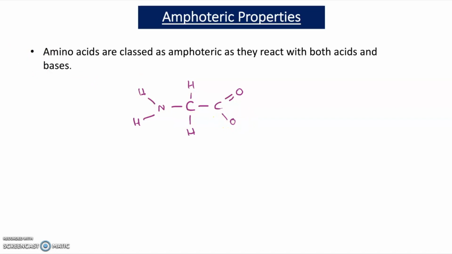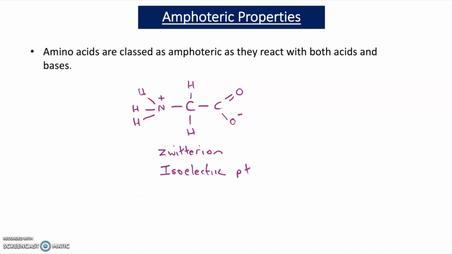Zwitterion. A zwitterion is formed when the carboxylic acid group loses a H plus ion, and this H plus ion is accepted by a lone pair of electrons on the nitrogen of an NH2 group. It's a coordinate bond, and we end up with NH3 plus, C double bond O, O minus, and we have a zwitterion form.